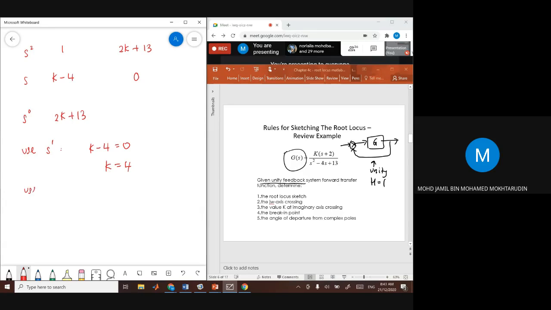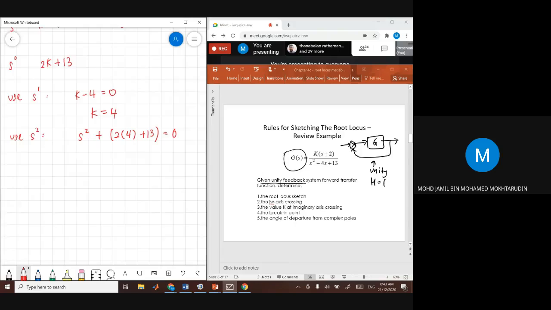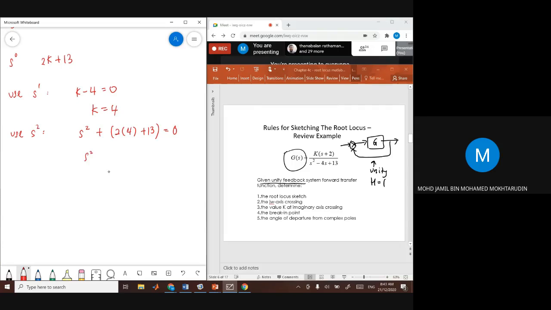And then use row S squared. So you get S squared plus 2 times 4 plus 13 equals 0. So S squared plus 21 equals 0.